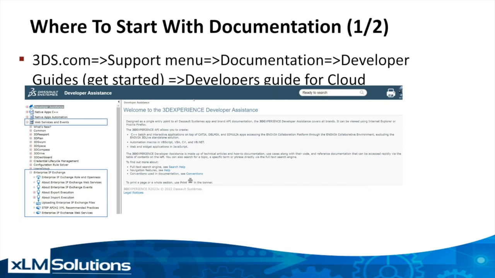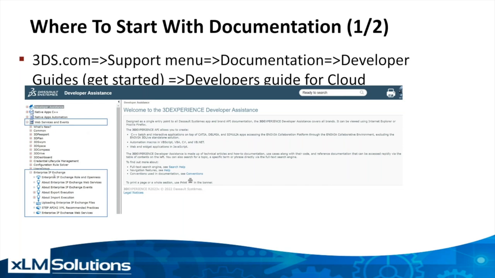So to access it, you have to log into the SO website, go to the support menu, under the documentation, pick the developer guide. It doesn't matter whether you pick the cloud or on-prem. It's the same thing. I'm showing here the cloud, but you can select the on-prem option and then expand the web services and events and expand the enterprise IP exchange resource.